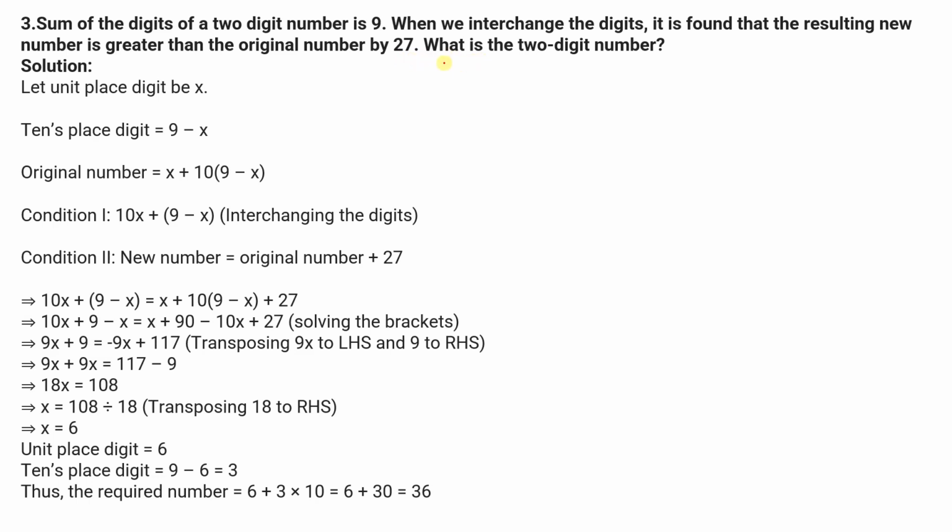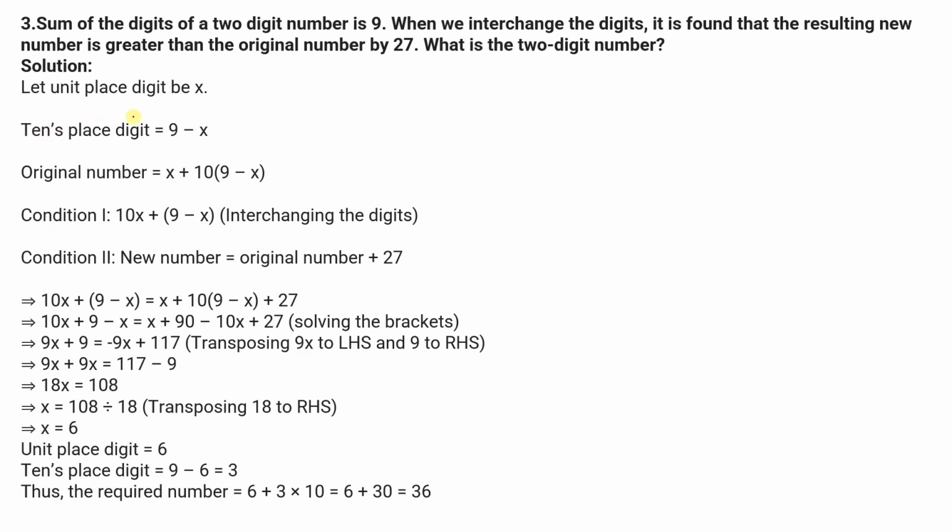Here, you know that a two-digit number will have two places. One is the units place and the other one is the tens place, isn't it? Now, let us assume the units place digit be x.